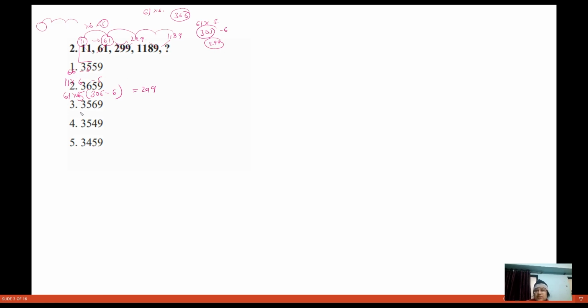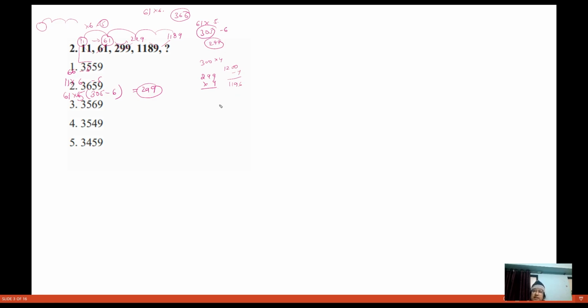So by that logic I should multiply 299 into 4. So let us see, what is 299 into 4? See, if we multiply 300 into 4, then we'll get 1200. So if we multiply 299 by 4, then we should get 1196.